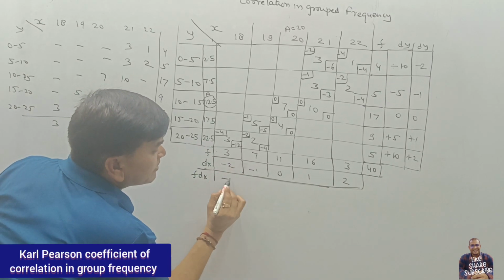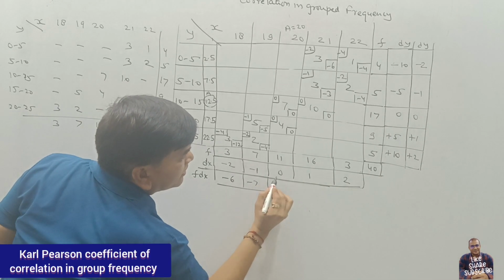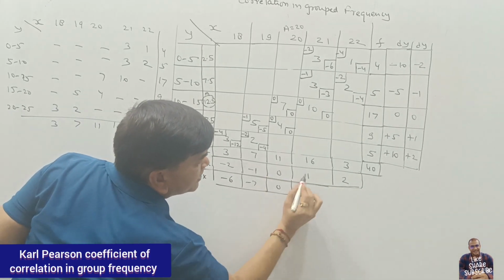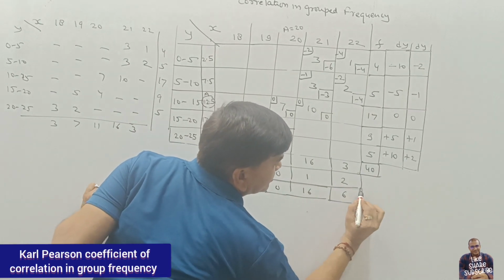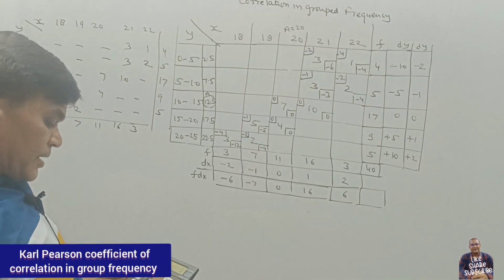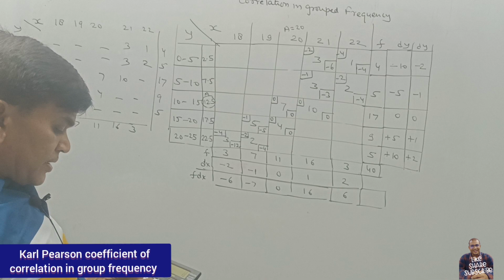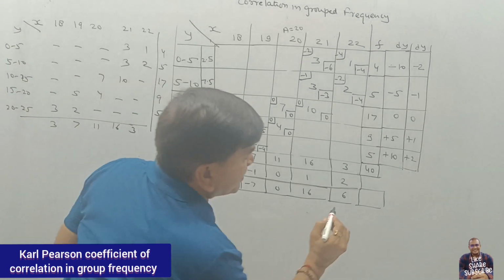So 3 times minus 2 is minus 6, 7 times minus 1 is minus 7, 11 times 0 is 0, 16 times 1 is 16, 3 times 2 is 6. So the value of f dx: 13 is the minus value, 16 and 6 are plus values. So the value is plus 9.